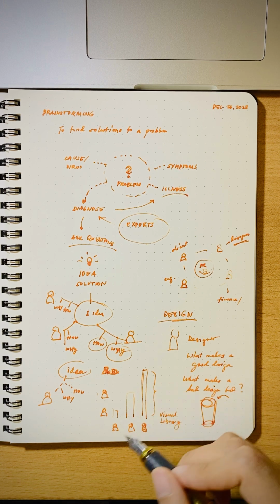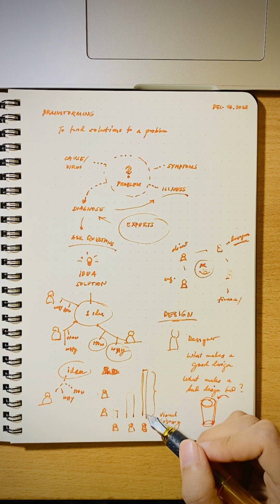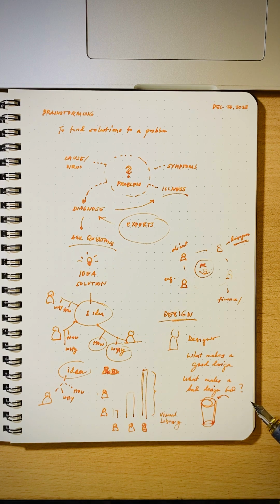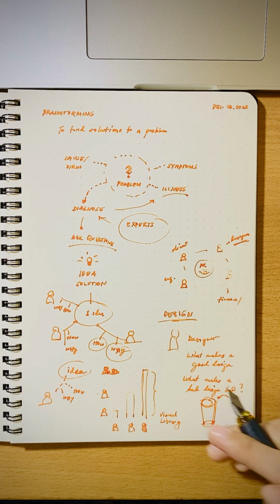to build your library. So it's intentional, but for designers who have a natural attraction to beautiful things, good designs, it comes naturally, like they already have it even as they're young. And it gets filled up because they're so interested in it, and they collect things.